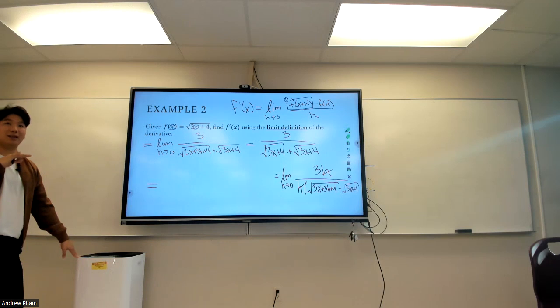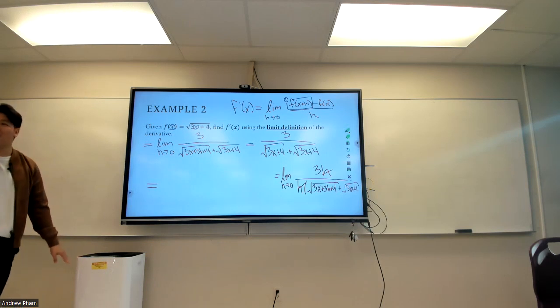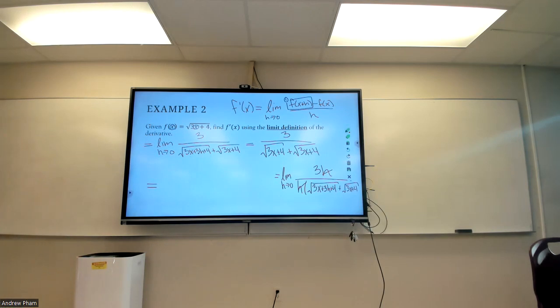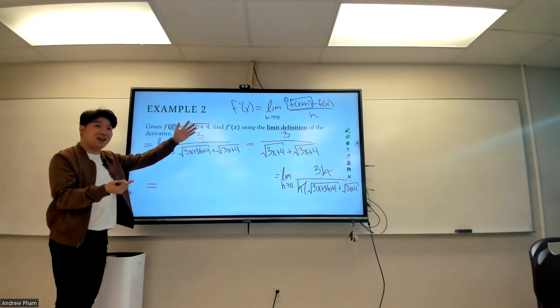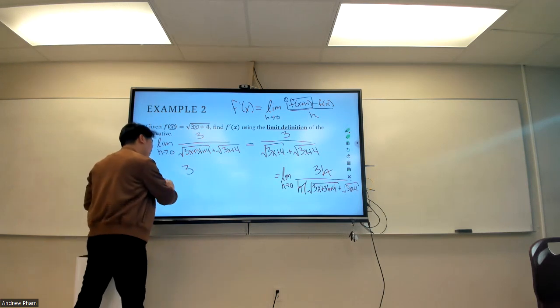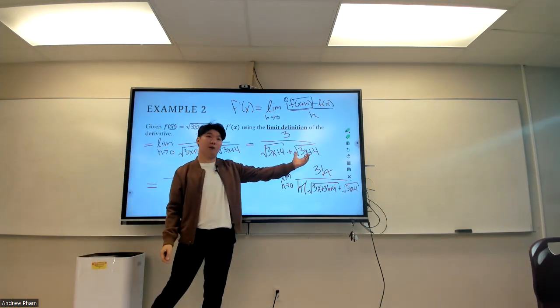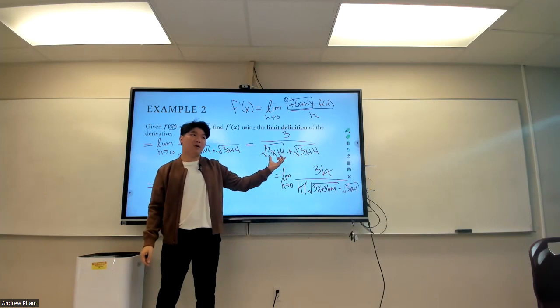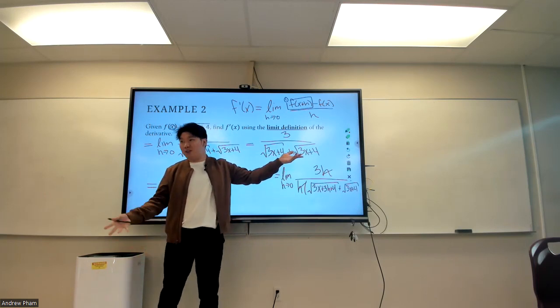Can I do anything to clean up that bottom portion at all? Obviously the top, there's nothing we can do there. That's a plain 3. But on the bottom, these are both the same square roots. If I gave you x plus x, you would say it's 2x.